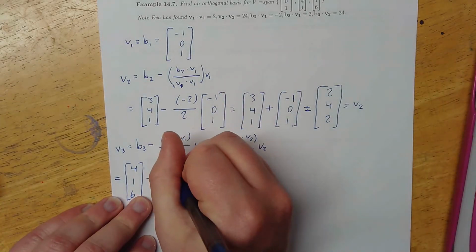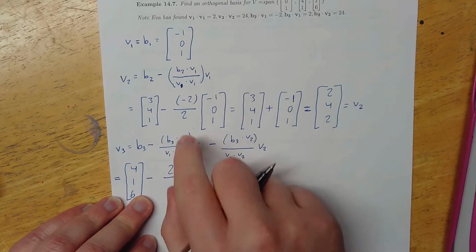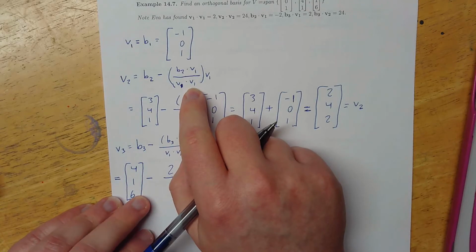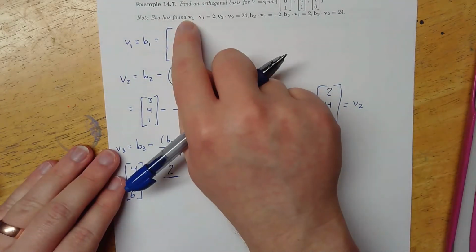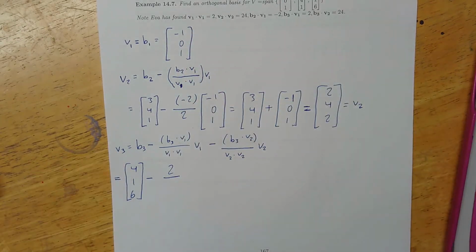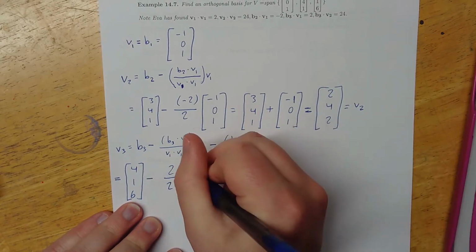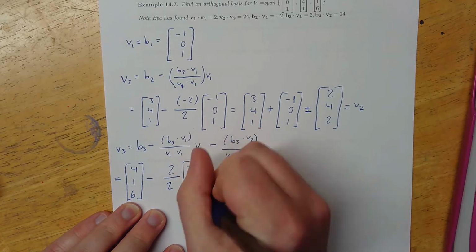We already know what V1 dotted with V1 is because we did it here. Oftentimes you end up having to calculate things over and over again, which is why doing these dot products on the side can help keep your head straight. So this will be over 2, and then we multiply that by -1, 0, 1.